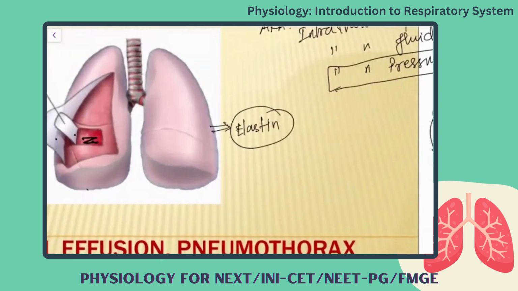That is the reason that during inspiration and expiration, the lungs have the ability to contract and relax. So during inspiration, what happens? Compare the lungs to a balloon. During inspiration, the air is entering inside the lungs. There is expansion in the walls of the lungs.